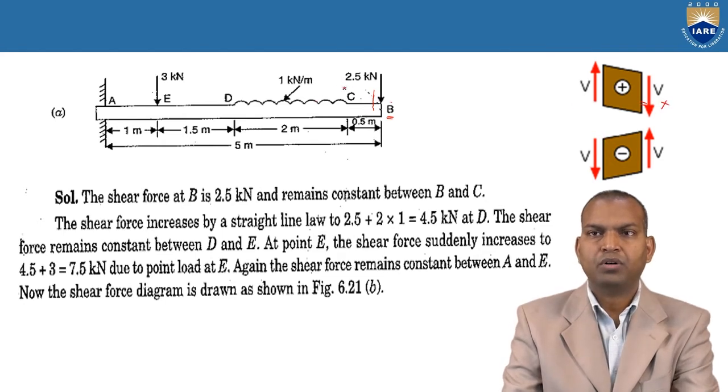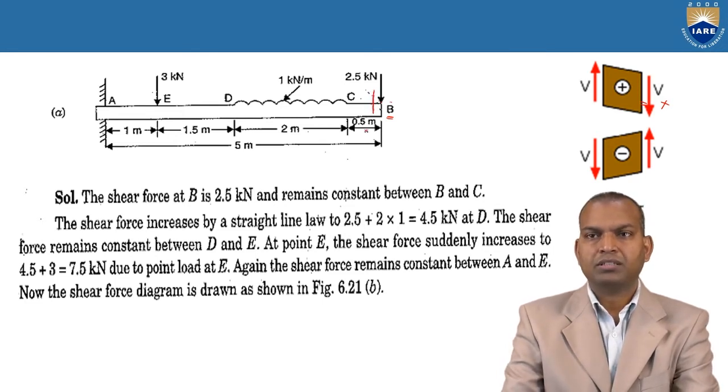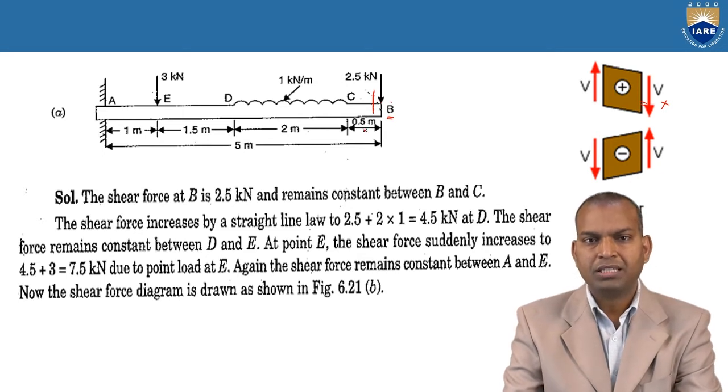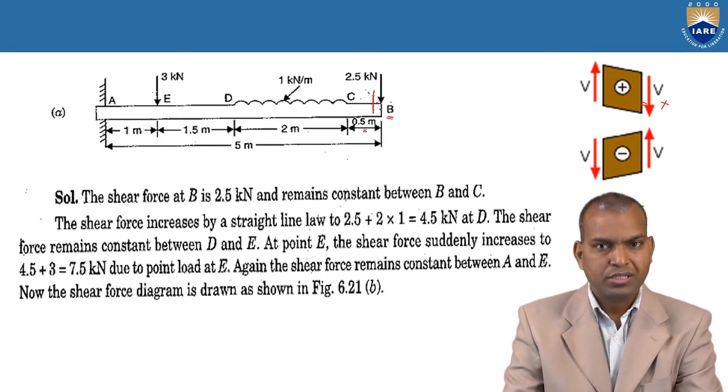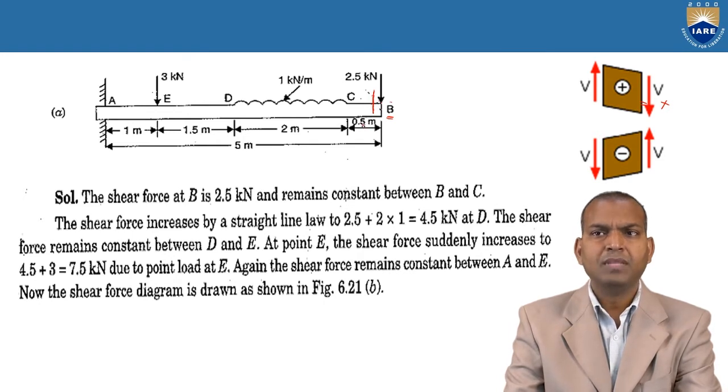That's why 2.5 kilonewtons acting downwards on the right side of the section line. These are the section lines. Why should we go for section lines? These section lines help us not to make mistakes in calculating shear force values. Here, at point B the load acts downwards, so 2.5 kilonewtons is positive. So at point B, it's positive.